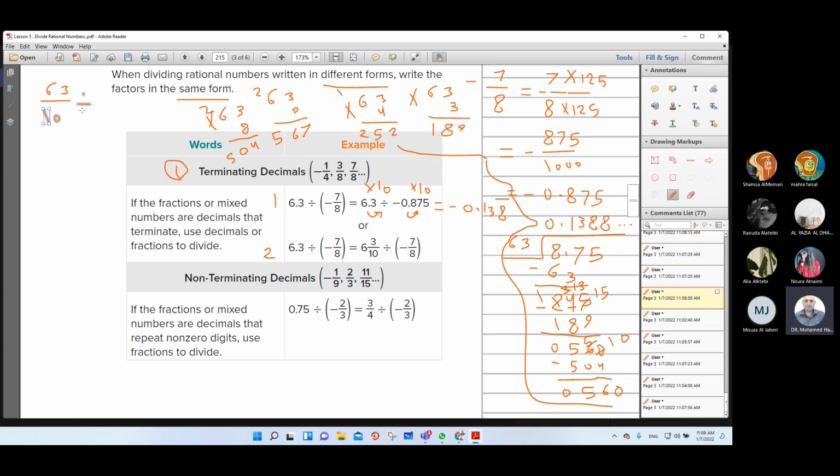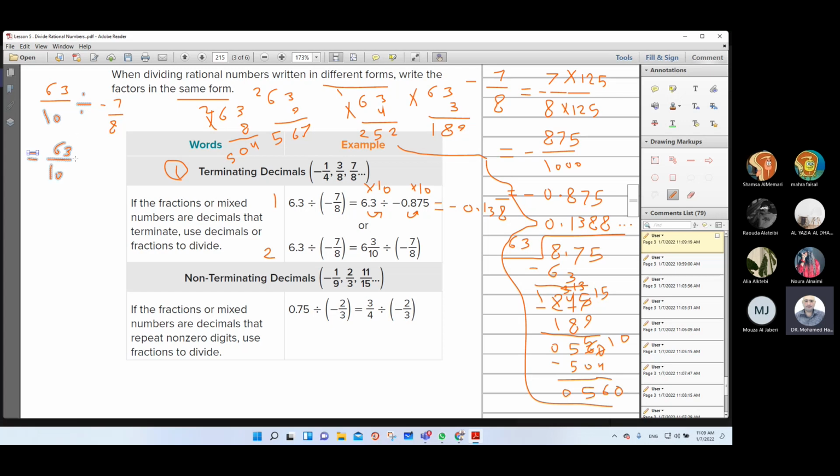divided by negative 7 over 8. Then we can do the rule here. Keep the same numerator. Change from divide to the multiply. Then find the reciprocal of 7 over 8 will be 8 over 7.